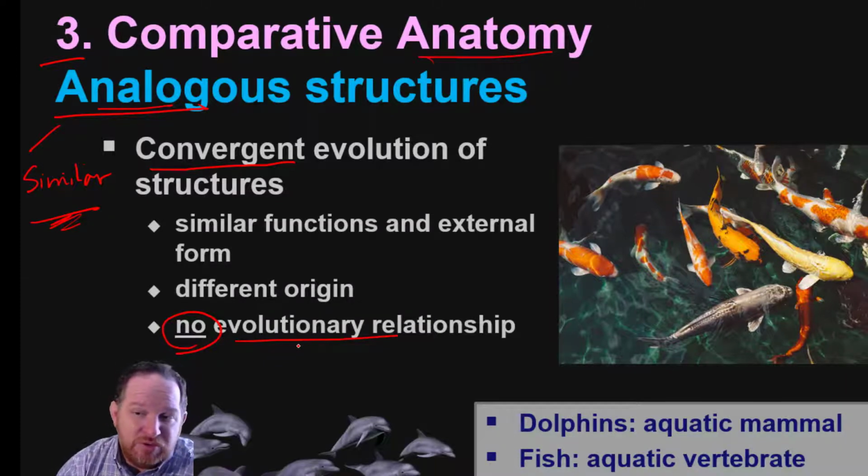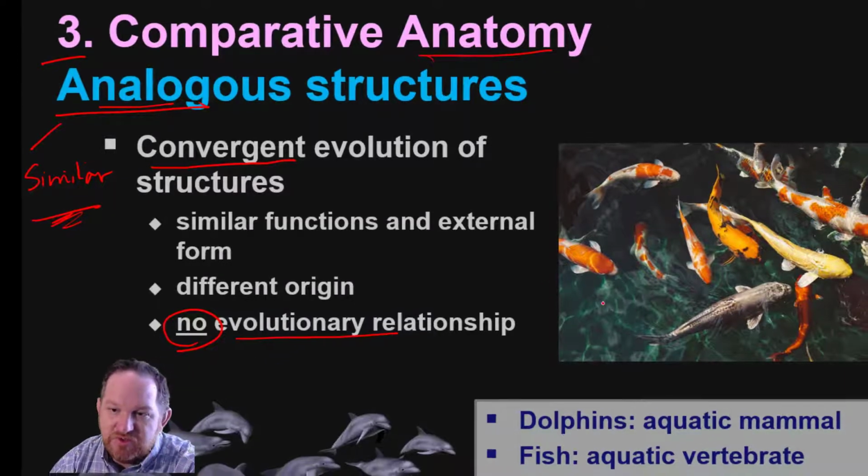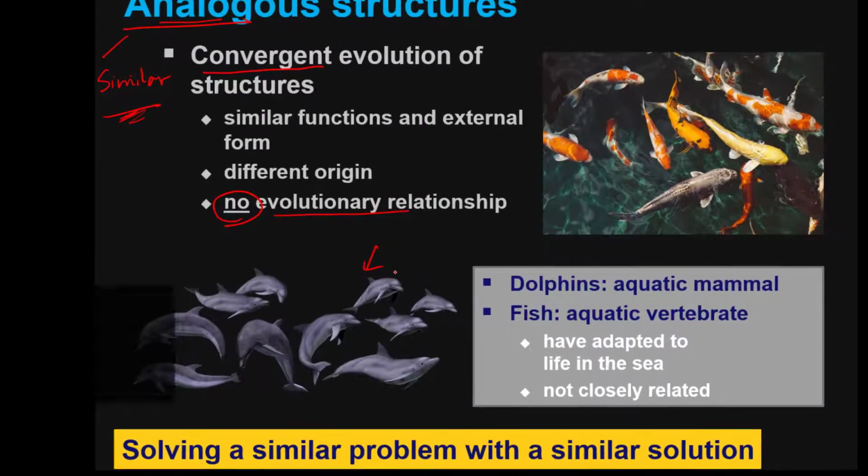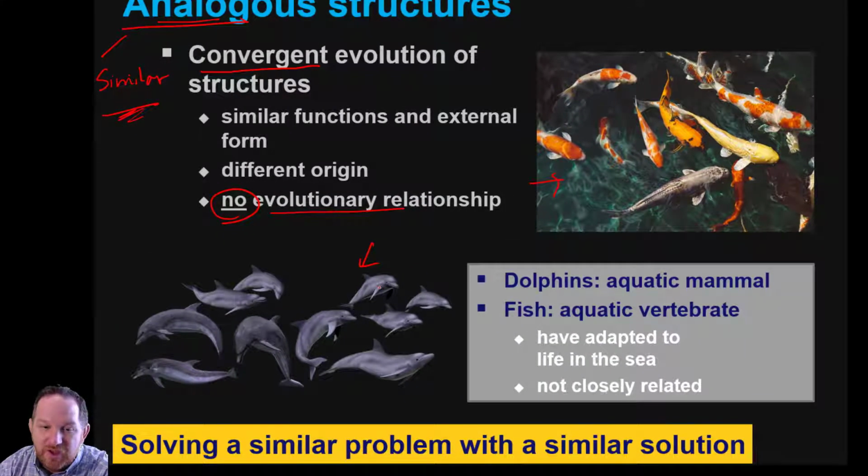And let me give you an example here showing two species. Think of dolphins, think of fish. Well, they kind of have some similarities, right? They've got these flippers, these fins, if you will, but they're actually not related. They have analogous structures, or similar structures, but they came from different places. You may know that a dolphin is a mammal, right?